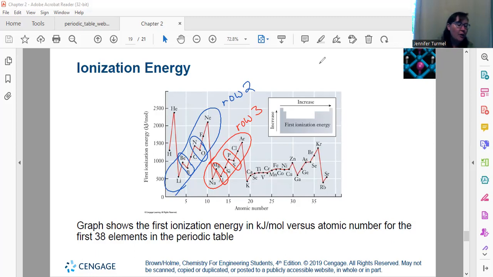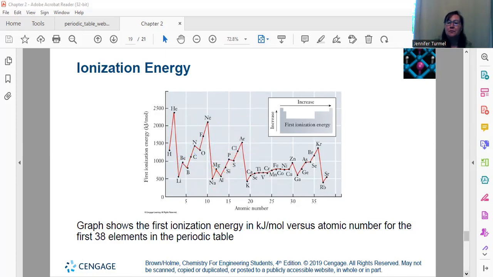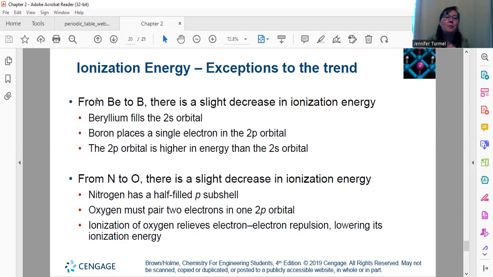Okay, so let's take a look at what that means. Okay, so from beryllium to boron, hopefully you're looking at your notes template right now. There's a slight decrease in your ionization energy because beryllium has filled its 2s orbital, but boron places a single electron in its 2p orbital.